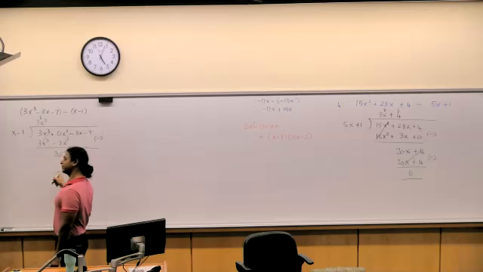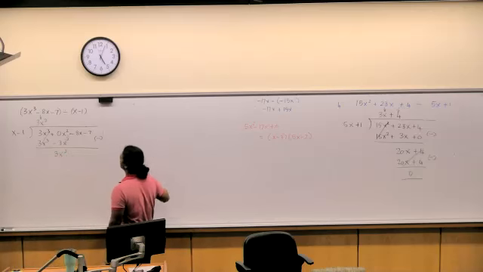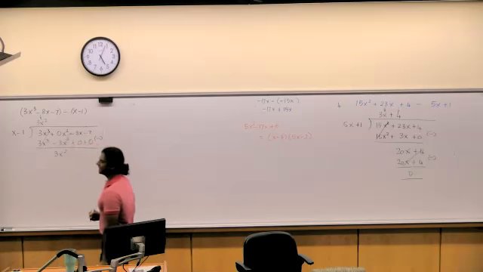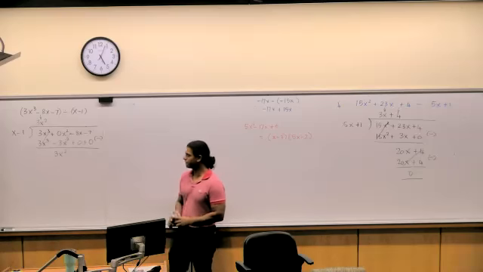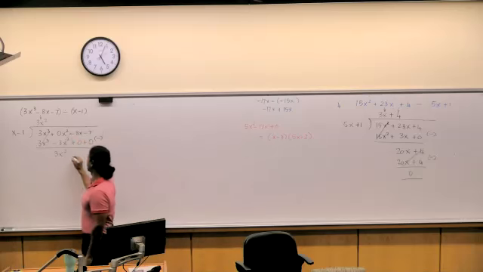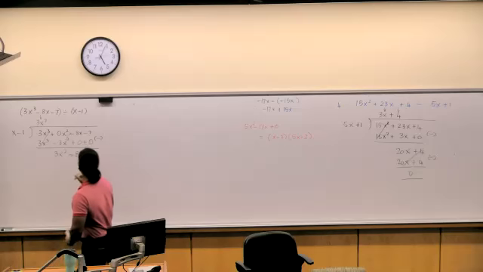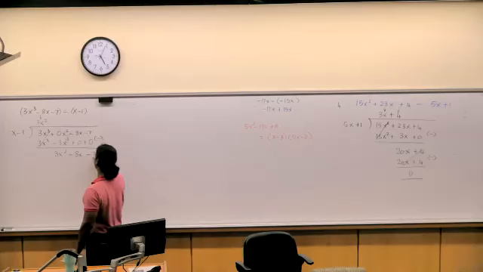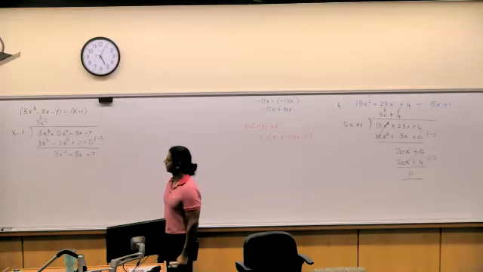If you can't get it right here, make sure you write it on the side. Missing terms, just 0. Minus 8x minus 0, I have minus 8x. Minus 7 minus 0, I have minus 7. Good.